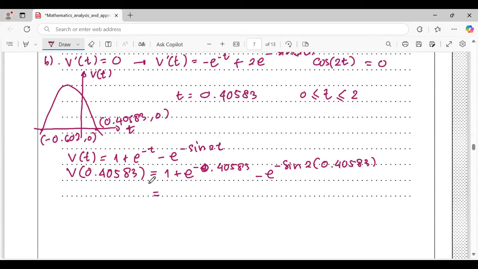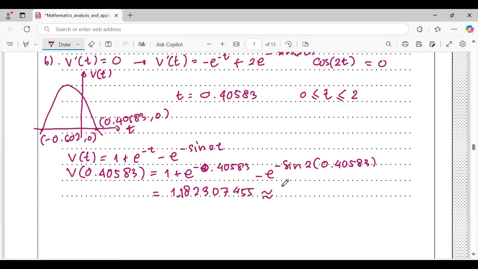And if you calculate, the result on your calculator will be 1.18237455.